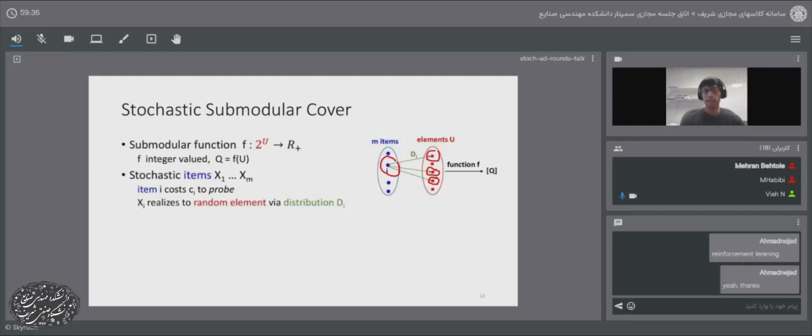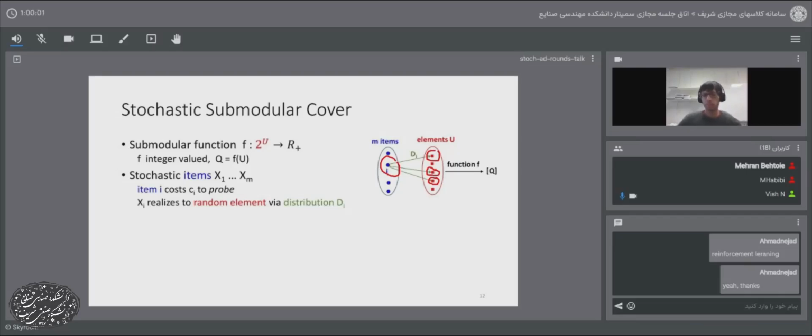So as an algorithm or a policy, we can select an item. And after we select the item, we will observe what element it realizes to. And after that, we can make our subsequent decisions. And again, we can choose to be adaptive and make clever decisions, or we can choose to be non-adaptive and make a whole bunch of decisions upfront.